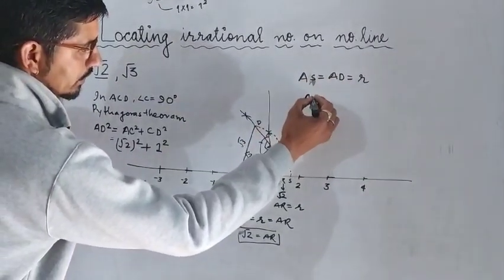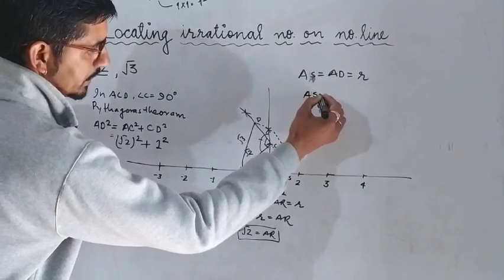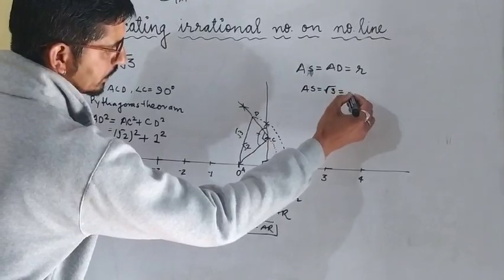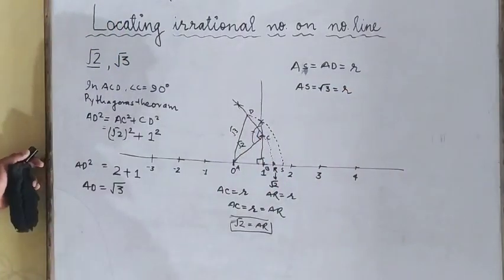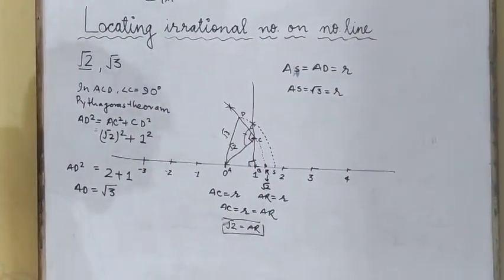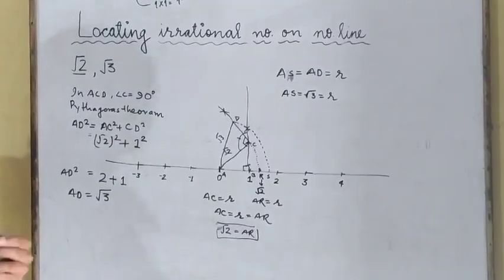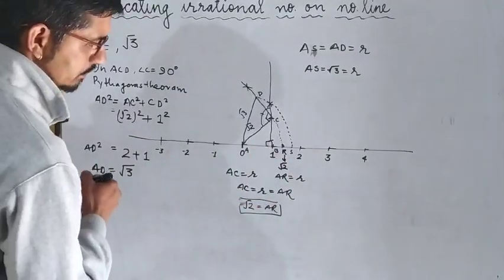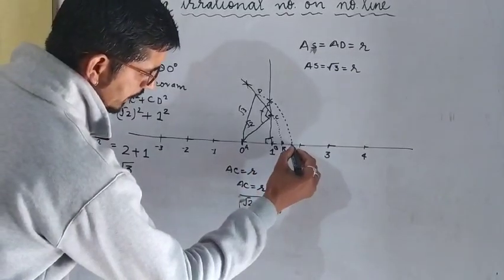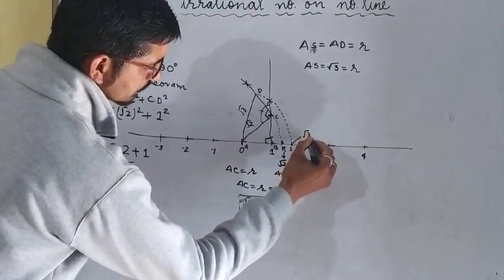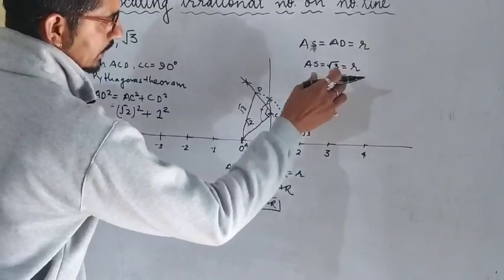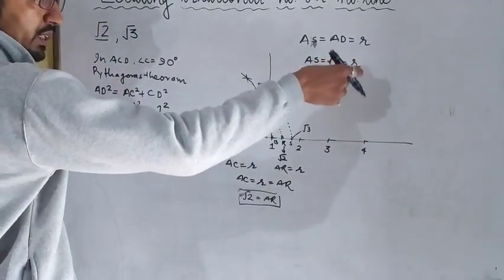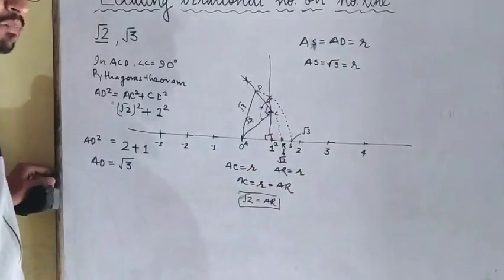So AS will also be equal to root 3. So this is how we can find root 3 on a number line. Now it is root 3 AS. That means this point is root 3. That means A to S is root 3, which is denoting root 3.